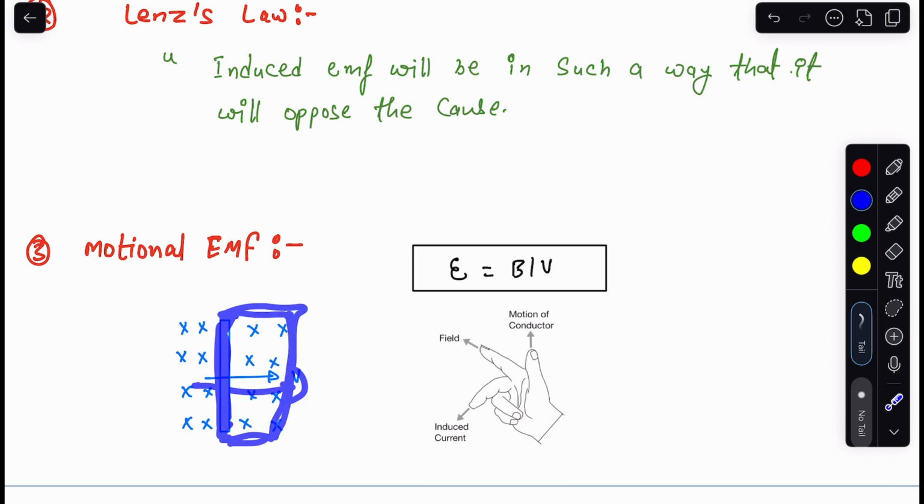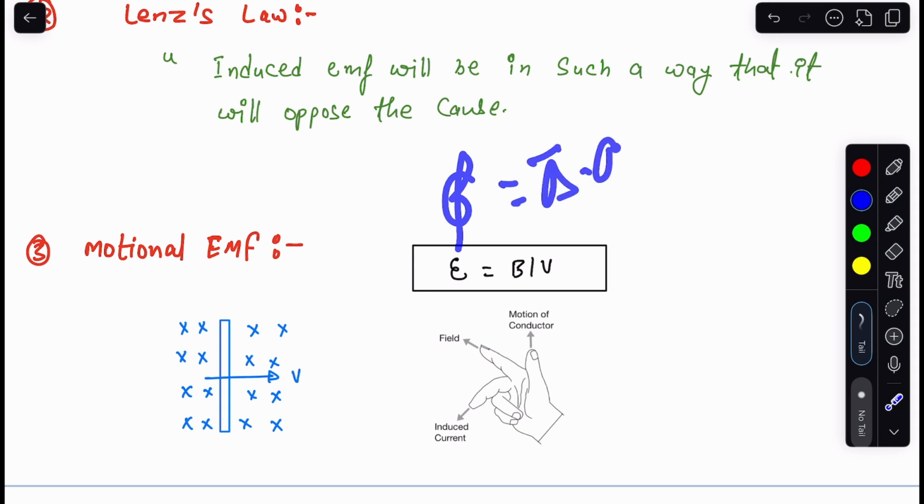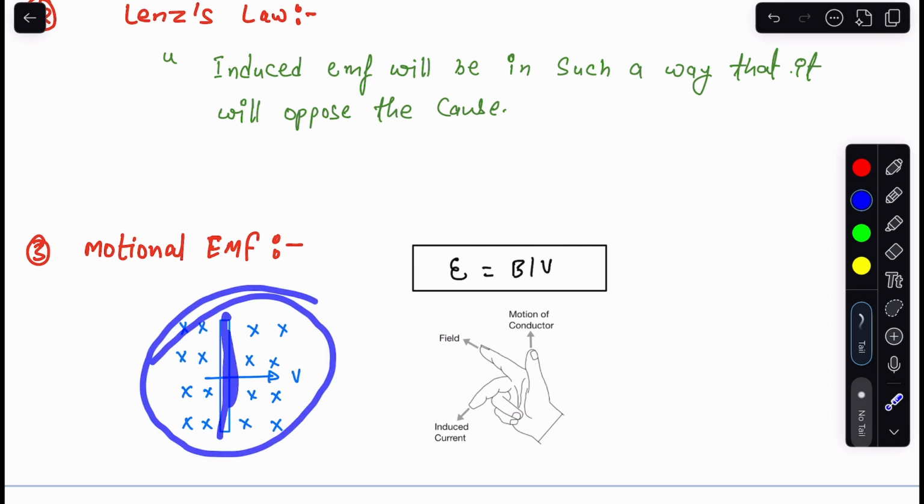Let's suppose this point is fixed and this is moving, then of course the flux is changing because the area is changing. Because the flux is B vector dot A vector. There are many ways we can change it. We can change the magnetic field, we can change the area, or we can change the angle between the magnetic field and the area. And here I am changing the area by moving this.